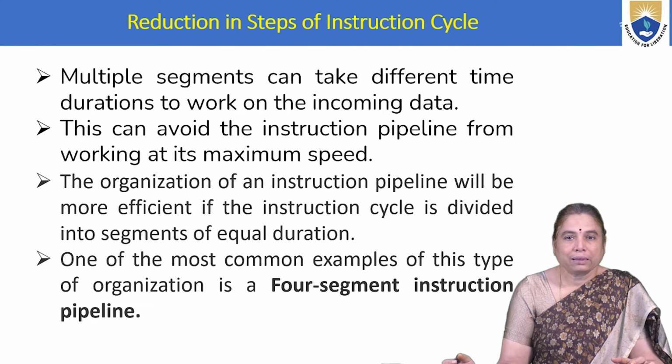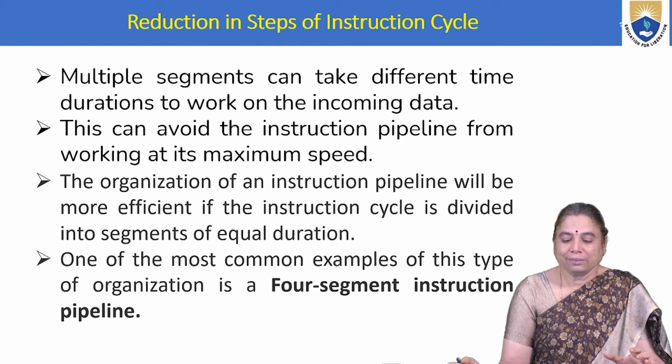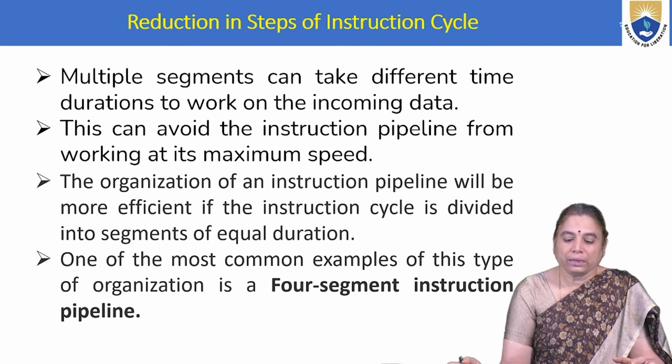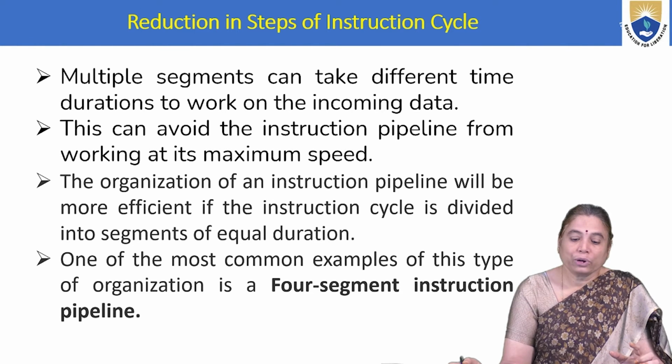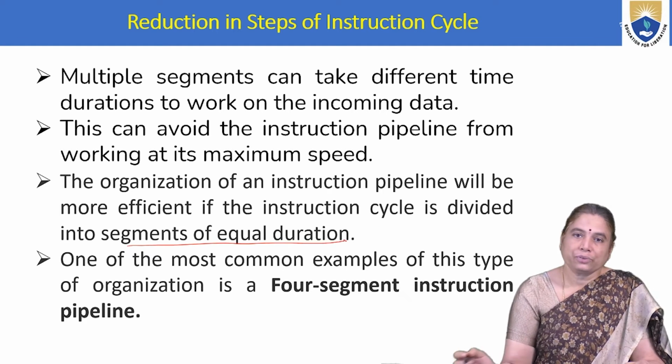Multiple segments can take different time durations to work on the incoming data. This can prevent the instruction pipeline from working at its maximum speed. So to increase the speed for optimal utilization of parallel multiprocessor architecture, the organization of the instruction pipeline will be more efficient if the instruction cycle is divided into segments of equal duration.